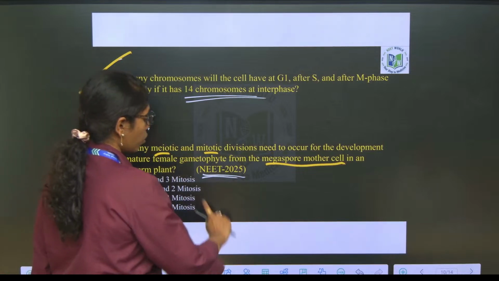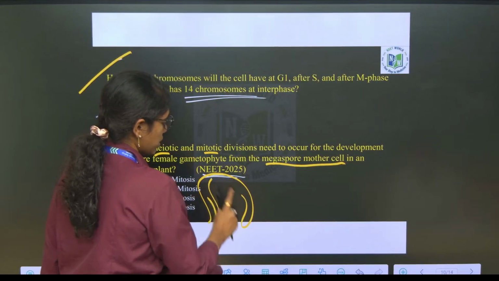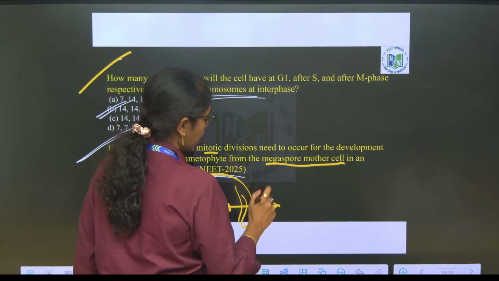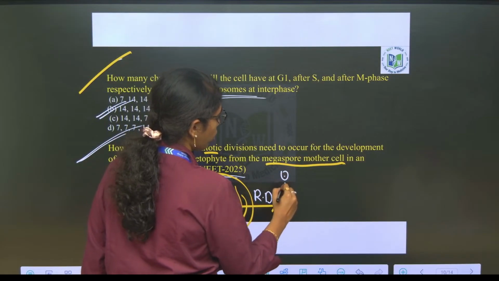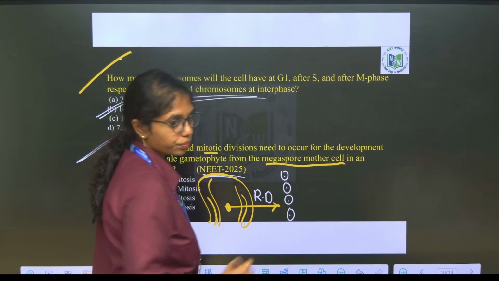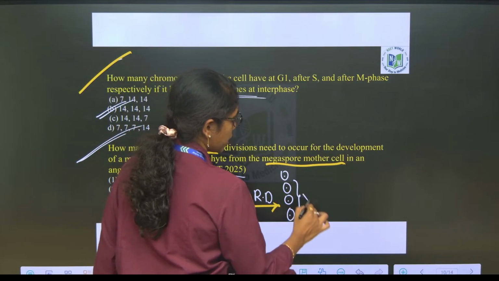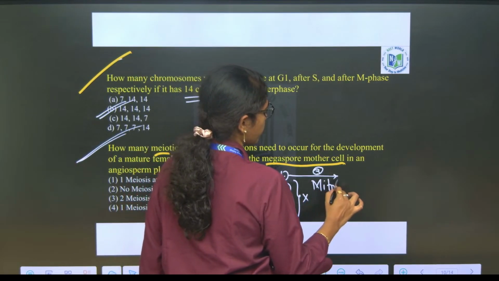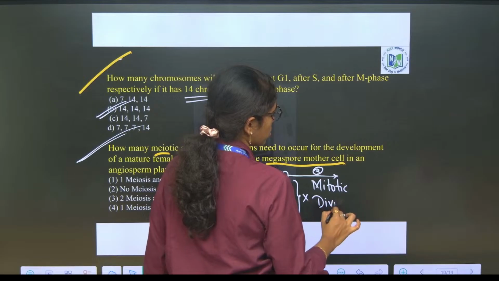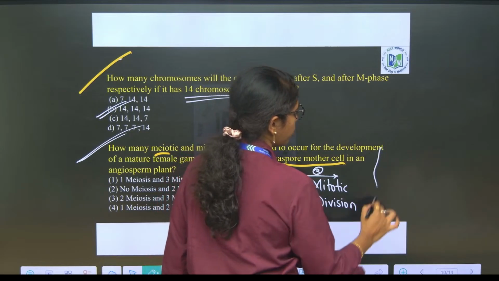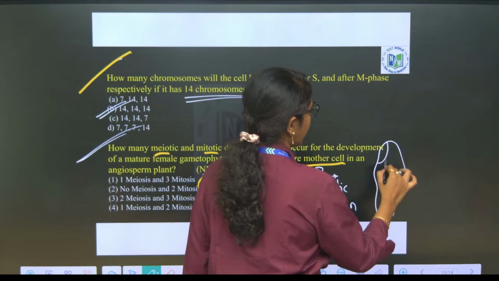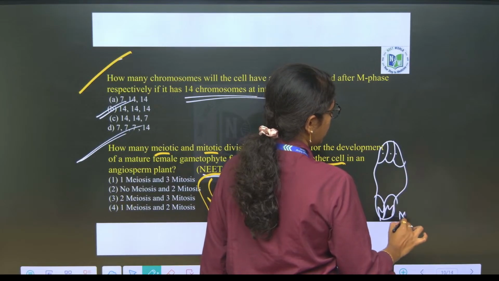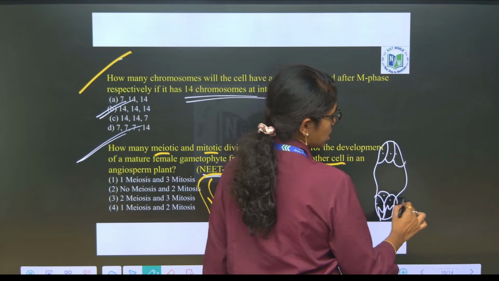So, inside an ovule, first 1 megaspore mother cell will be formed. This megaspore mother cell undergoes reductional division forming 4 haploid megaspores, of which 3 will degenerate and 1 cell undergoes 3 sequential mitotic divisions, which forms an embryo sac with 7 celled 8 nucleated condition. At the micropylar end, synergids and egg cell form the egg apparatus.